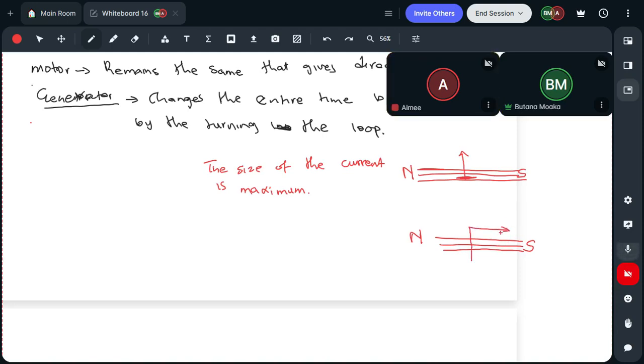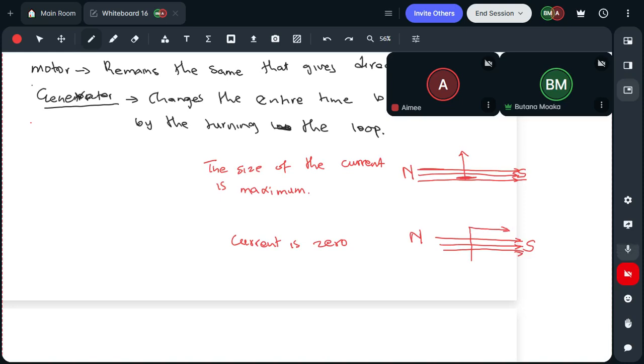The movement is from north to south, in the same direction as the field lines. If the movement direction of the loop is in the same direction as the field lines, the current will be zero. You understand? Yeah. You sure? Yes.